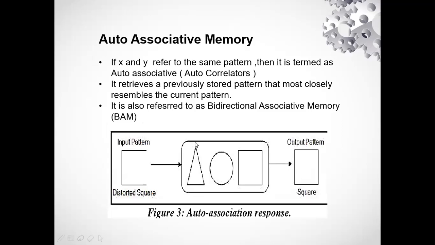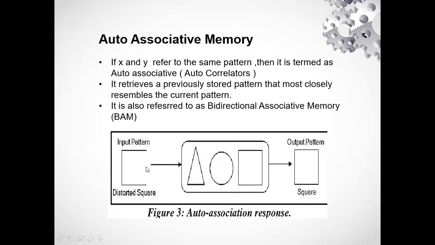The storage of pattern is of X and Y, where X and Y are the same pattern. That means it refers to the same pattern. This is a single image or pattern, which is stored here. This is termed auto-associative or auto-correlators.